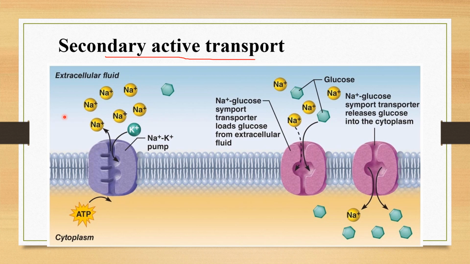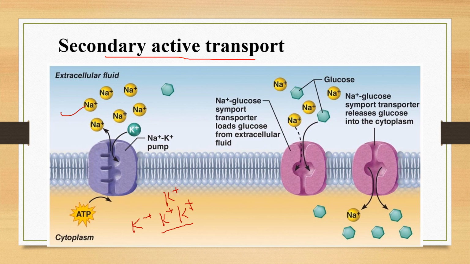So at the end of the primary active transport of the sodium potassium pump, sodium ion concentration is more outside the cell and potassium ion concentration is more inside the cell.